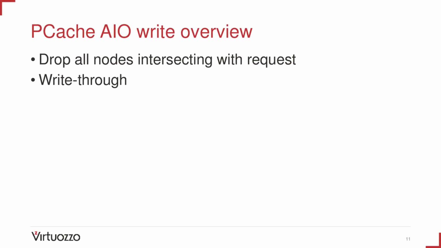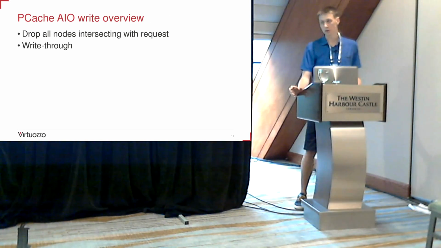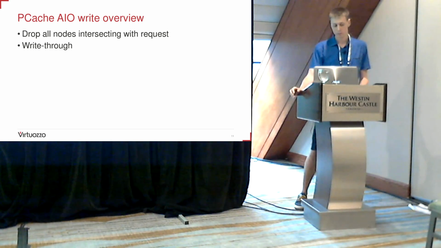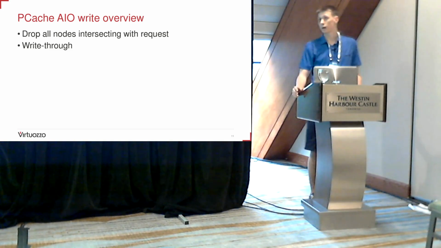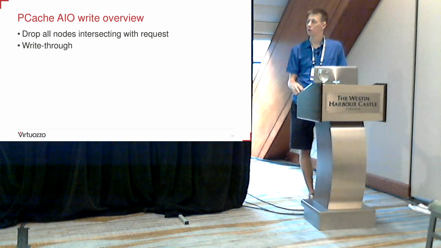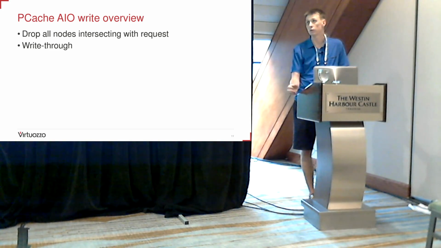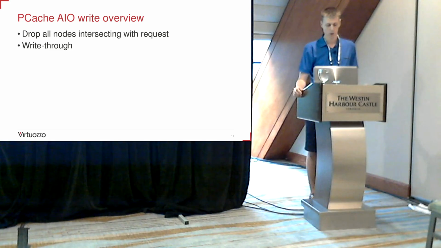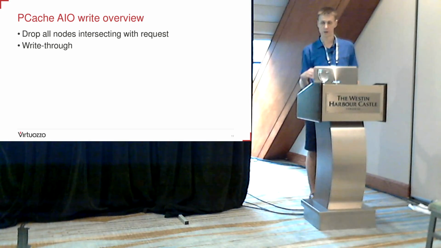Pcache is aimed at optimizing read requests, but write requests also need to be handled, because if a write request happens to a cached region, then the data in the cache becomes irrelevant. To solve the problem, we can drop all nodes intersecting with the write request, or do write-through.